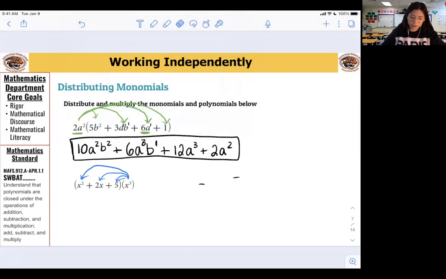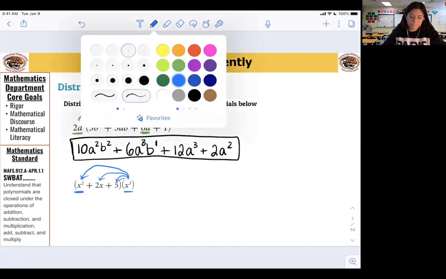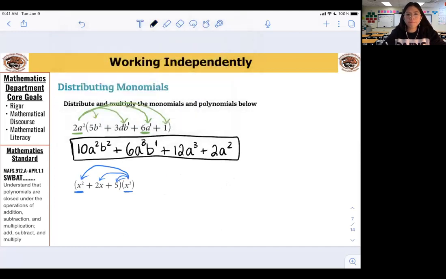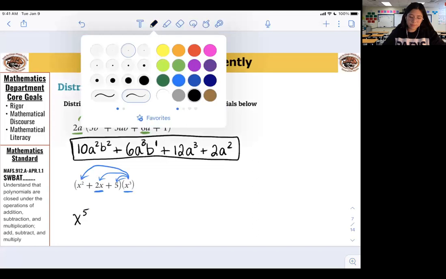So starting with the first one, x to the power 3 times x to the power of 2. What do I get? Well, the first x would be 5. This exponent would be 5. Good, x to the power of 5. Then x to the power of 3 times 2x. 4.